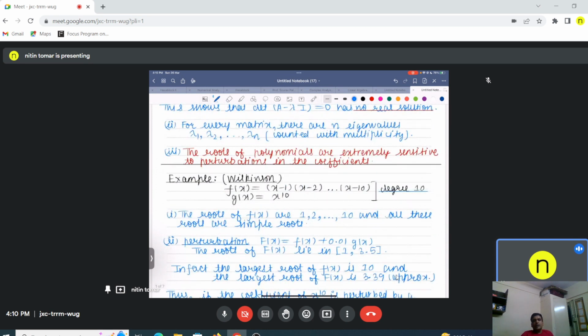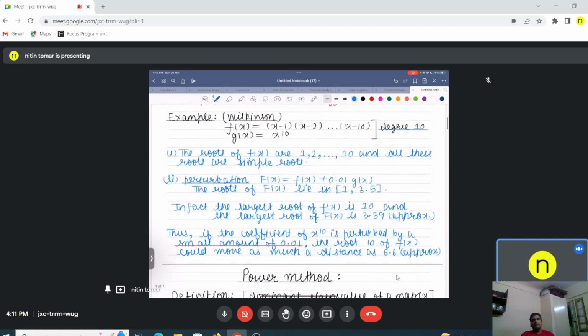Then we saw that the roots of this characteristic equation, in particular the roots of polynomials, are extremely sensitive to perturbations in the coefficients. For example, this example is due to Wilkinson, which shows this phenomenon. You just choose your f(x) to be (x minus 1)(x minus 2) up to (x minus 10). So this is a degree 10 polynomial with simple roots 1, 2, up to 10. And again, you choose another degree 10 polynomial g(x) with just x power 10.